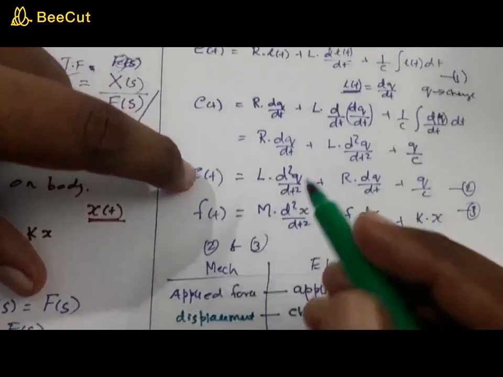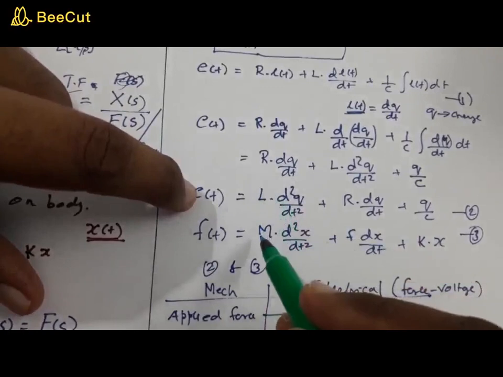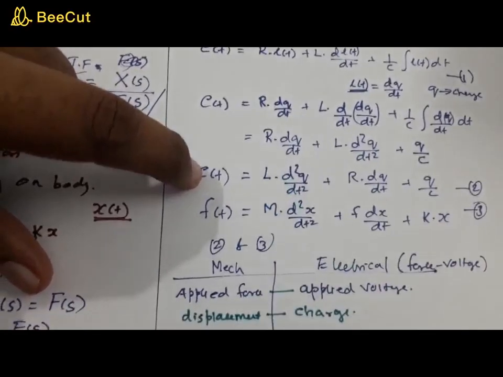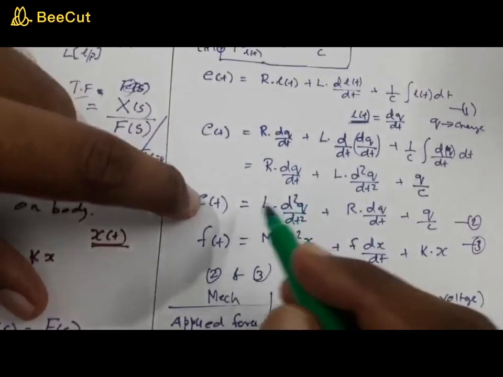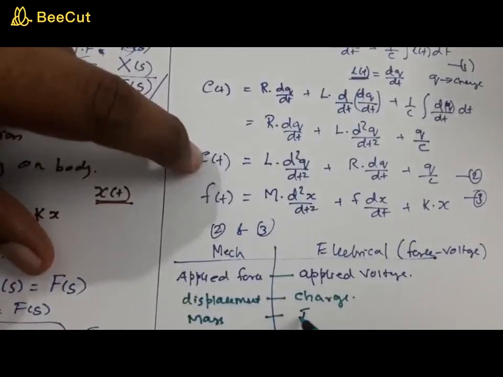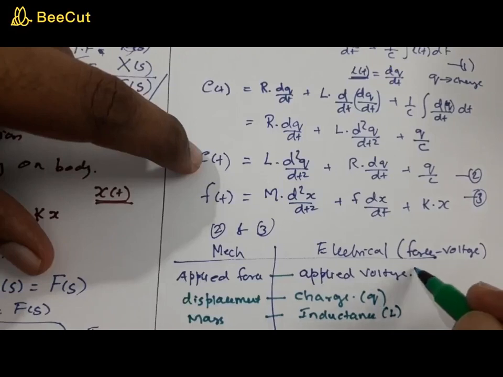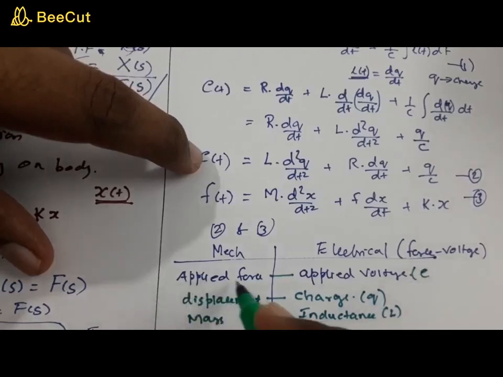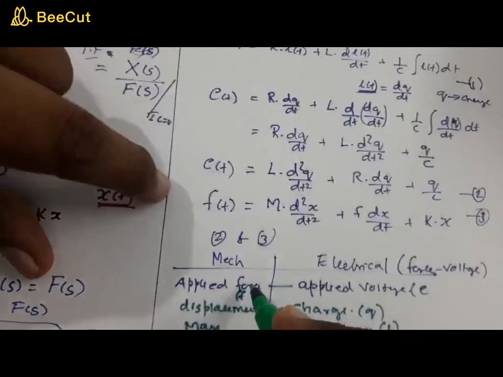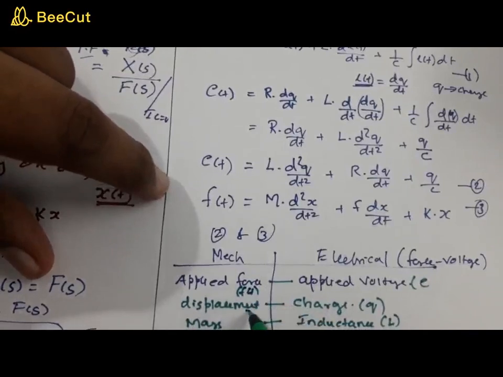Now let's move on to L and mass. In the mechanical system you have mass, which is equivalent to inductance in the force voltage analogy. So charge q, this is L, this is E, this one is f of t, displacement, this is x, this one is mass.